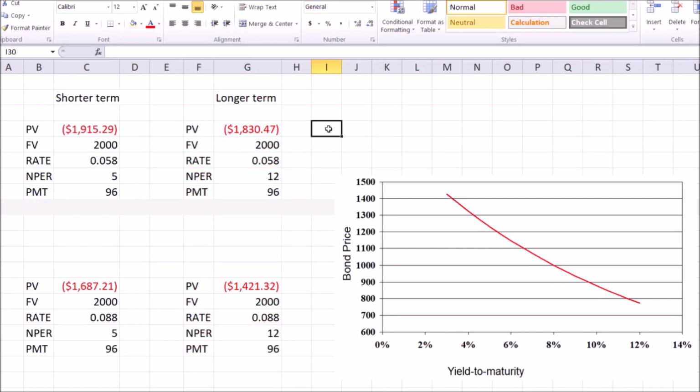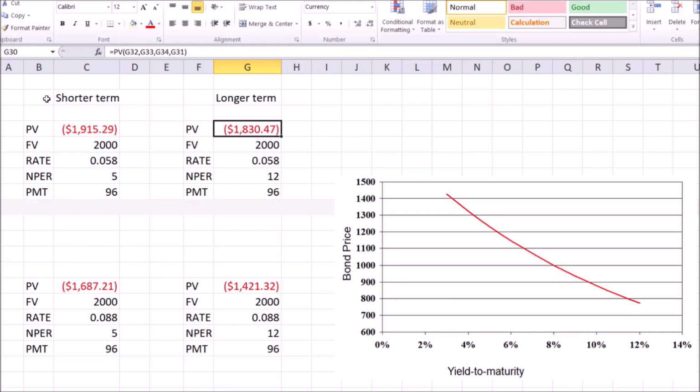And what we're going to notice here is that while the difference in prices between the two shorter term bonds is much less than $300, the difference in prices between the two longer term bonds is actually more than $400. It's also larger in percentage terms, this difference as well.